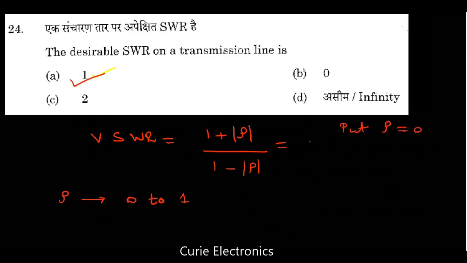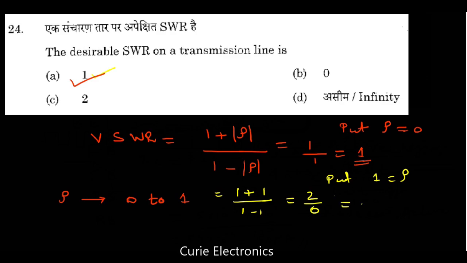Now let's put the reflection coefficient equal to 1. Then we get 1 plus 1 upon 1 minus 1, that is 2 upon 0, which is infinite.